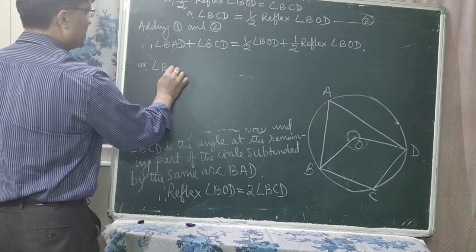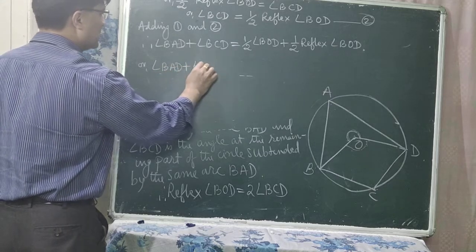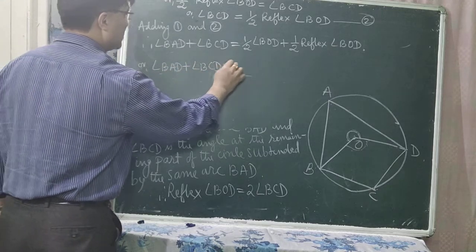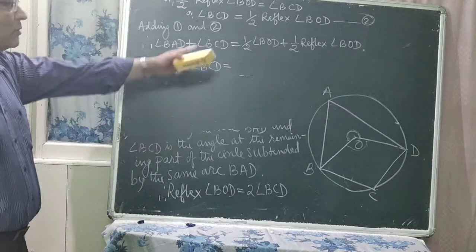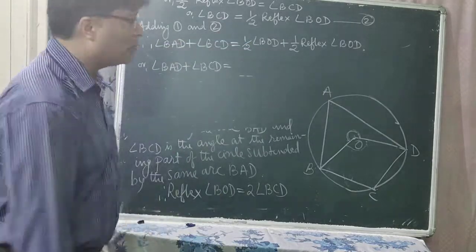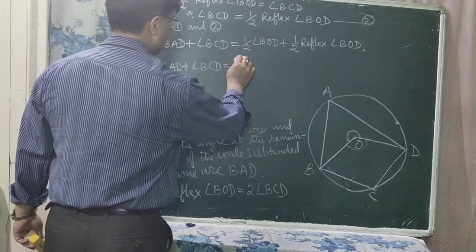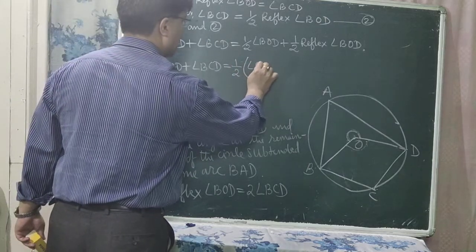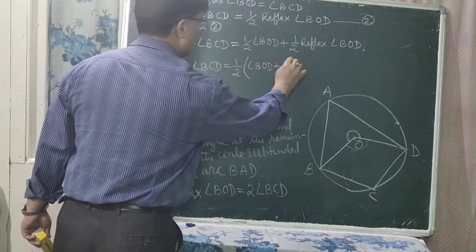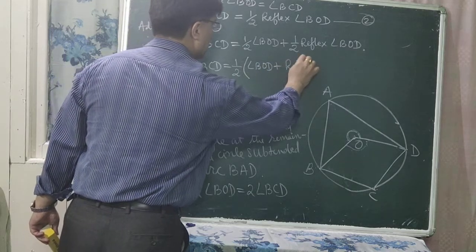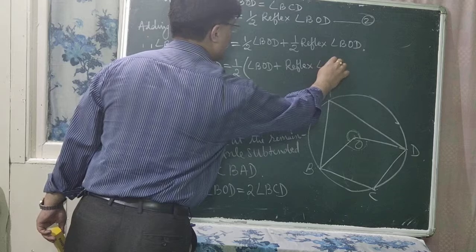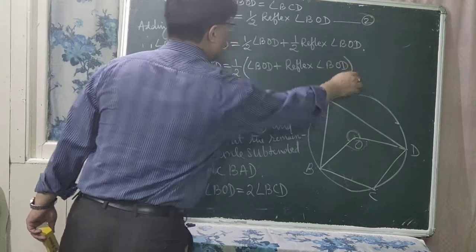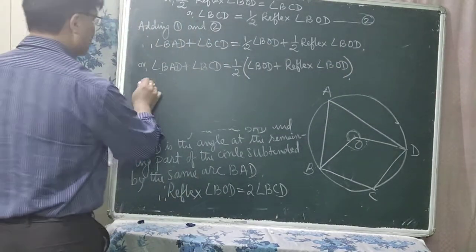So let us write left hand side as it is, angle BAD plus angle BCD is equal to, now there is common. What is common there? Half is common within bracket, angle BOD plus reflex angle BOD, right?